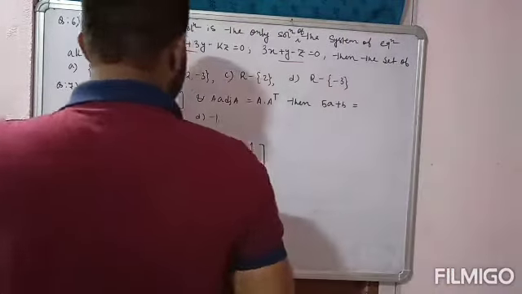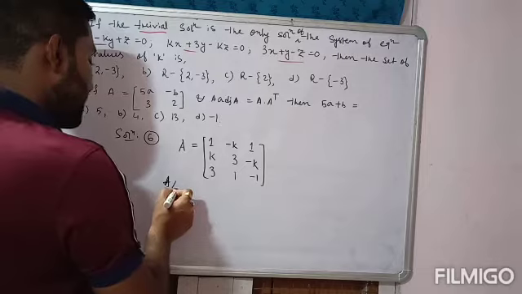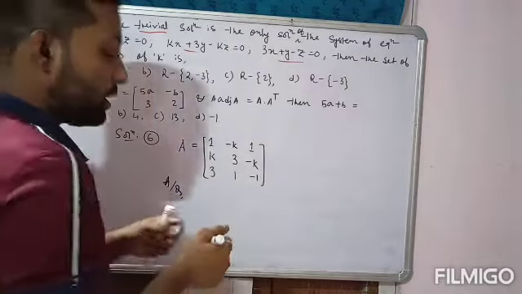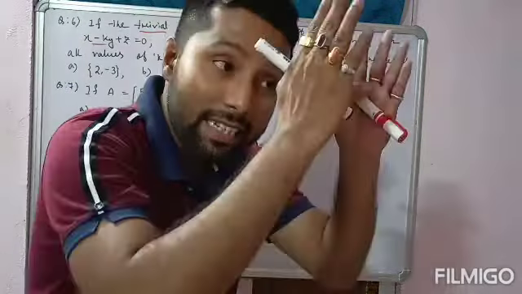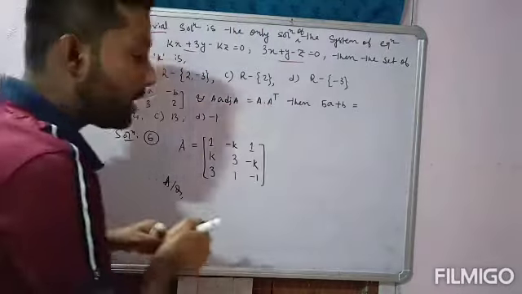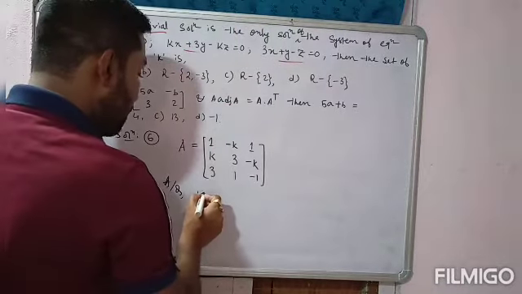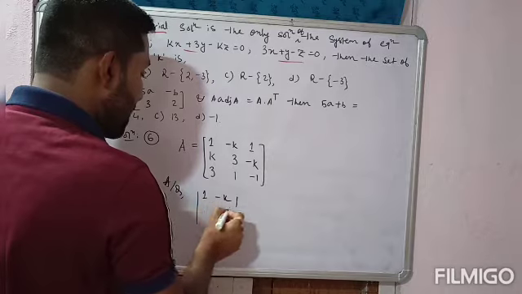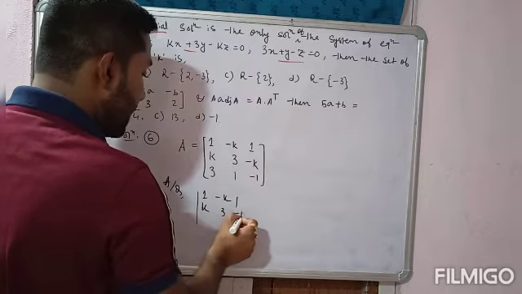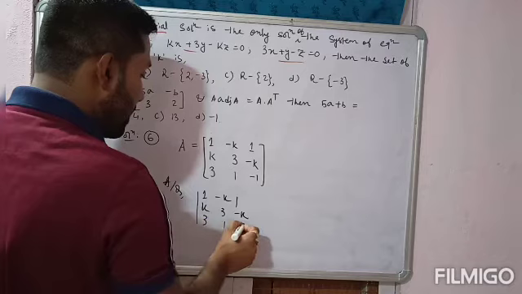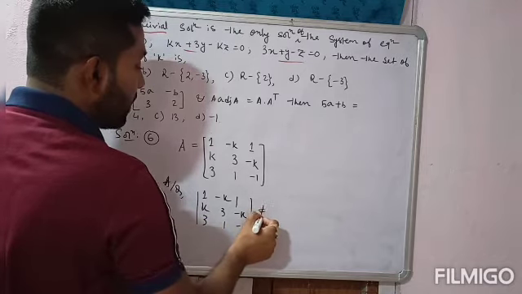Now according to the question, since the trivial solution is the only solution, trivial means what? The determinant of the matrix is not equal to 0. So the determinant of 1, minus k, 1; k, 3, minus k; 3, 1, minus 1 is not equal to 0.